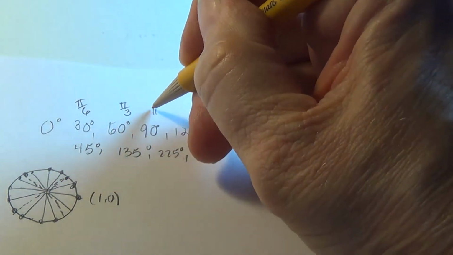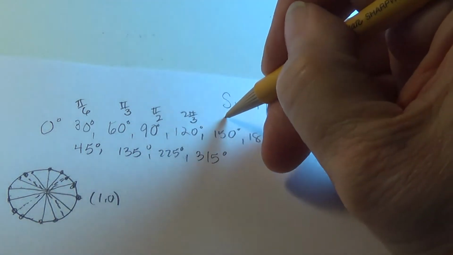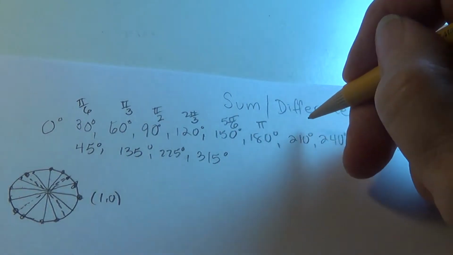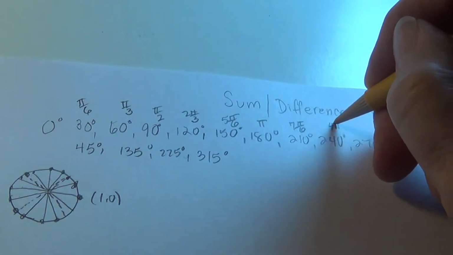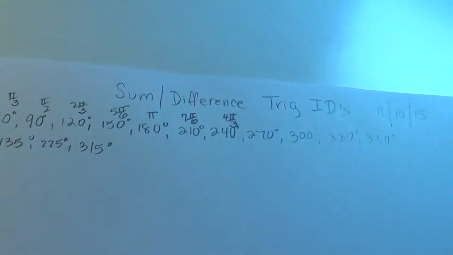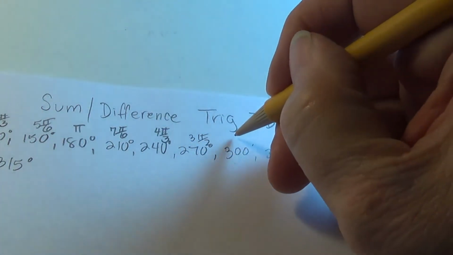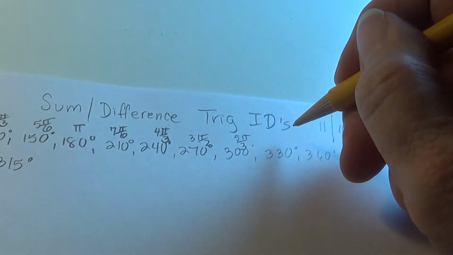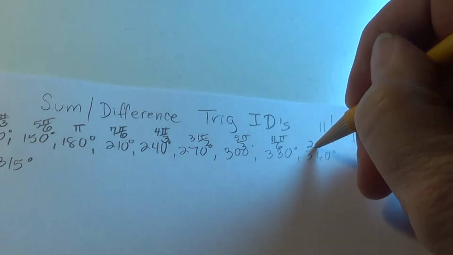So this is pi over 6, pi over 3, pi over 2, 2 pi over 3, 5 pi over 6, pi, 7 pi over 6, then it's 4 pi over 3, and 3 pi over 2, 5 pi over 3, 11 pi over 6, and 2 pi.